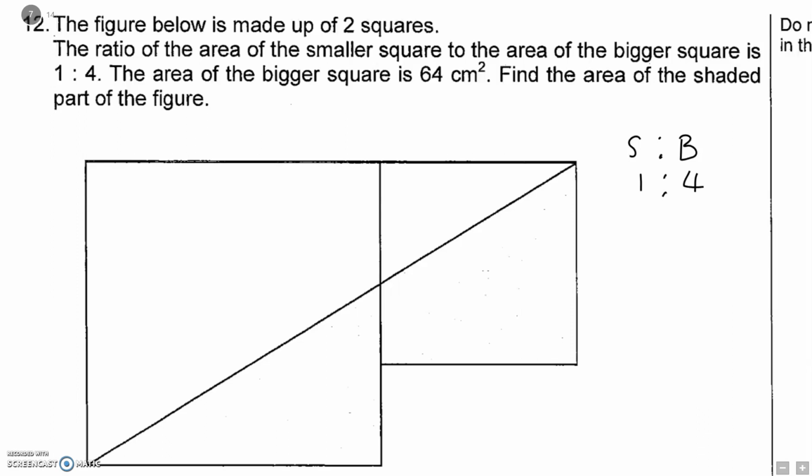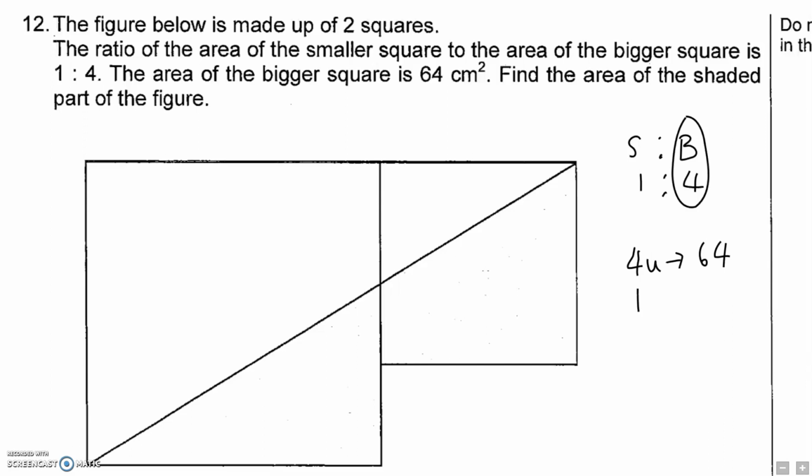And they tell you that the area of the biggest square is 64. So the biggest square is 4 units, and they tell you it is 64 square centimeters. So you have got 4 units that is equal to 64.